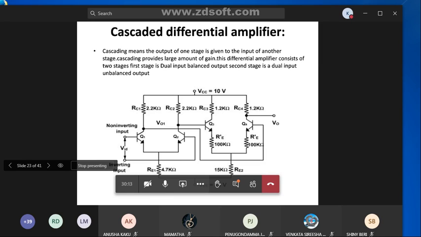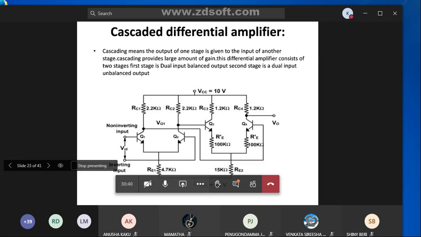In the second stage, see here, this output is applied to the base of Q4, and this output is applied to the base of Q3, right? So the output of the first stage is connected as an input to the next stage.